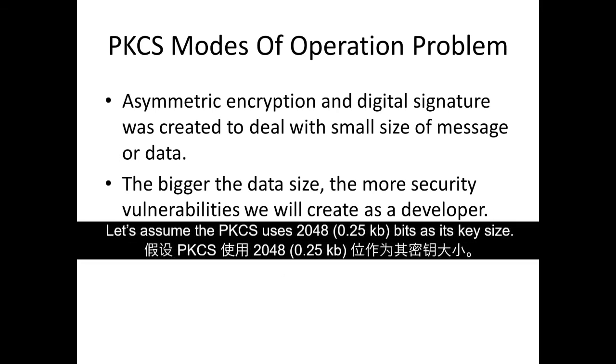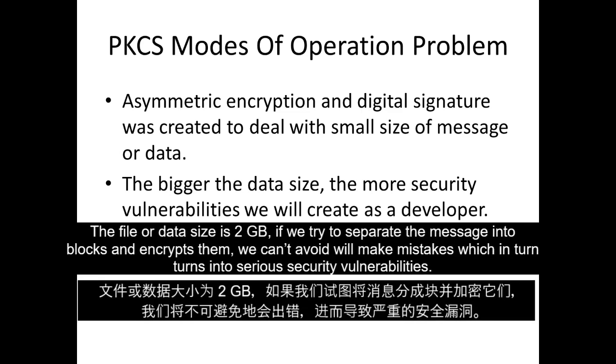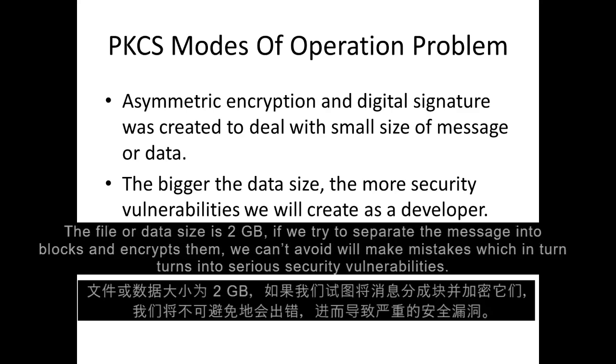Let us assume the PKCS uses 2048 bits, or 0.25 KB, as its key size. The file or data size is 2 GB. If we try to separate the message into blocks and encrypt them, we can't avoid making mistakes, which in turn turns into serious security vulnerabilities.